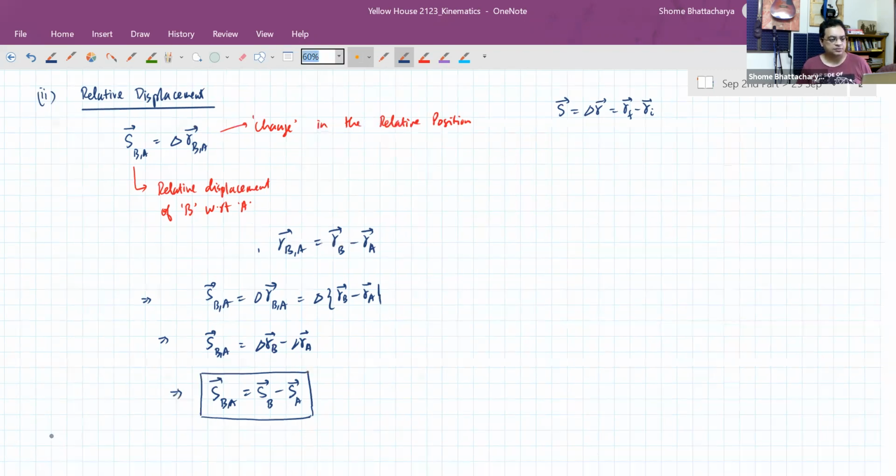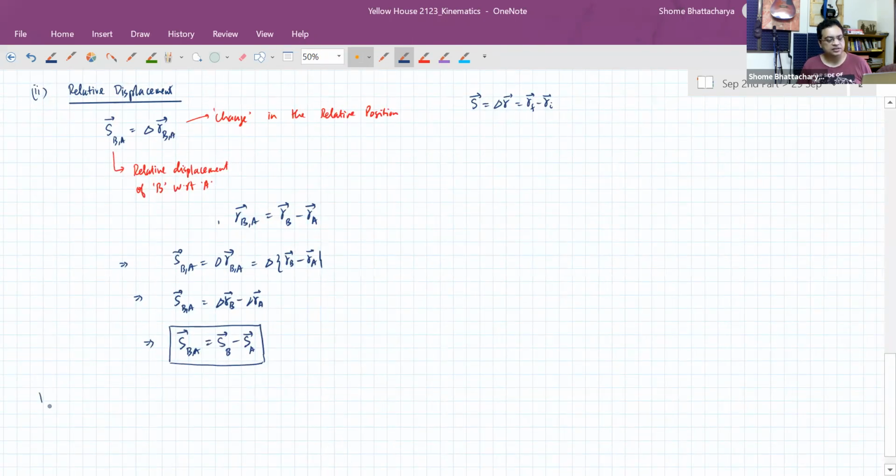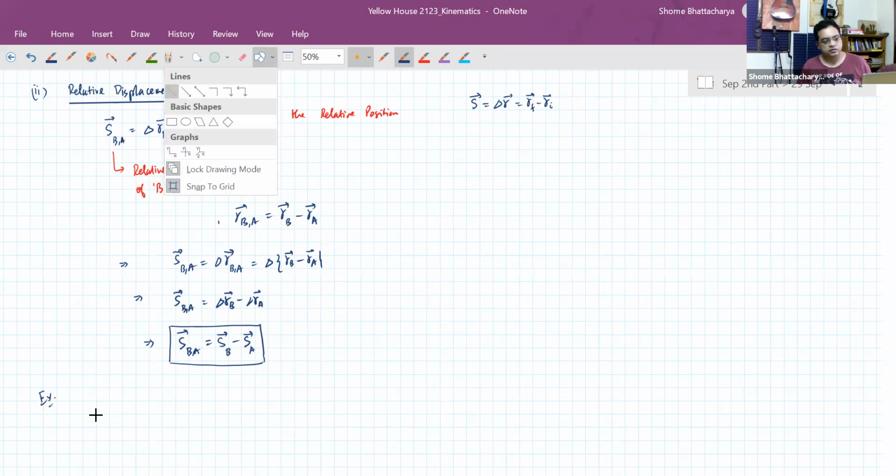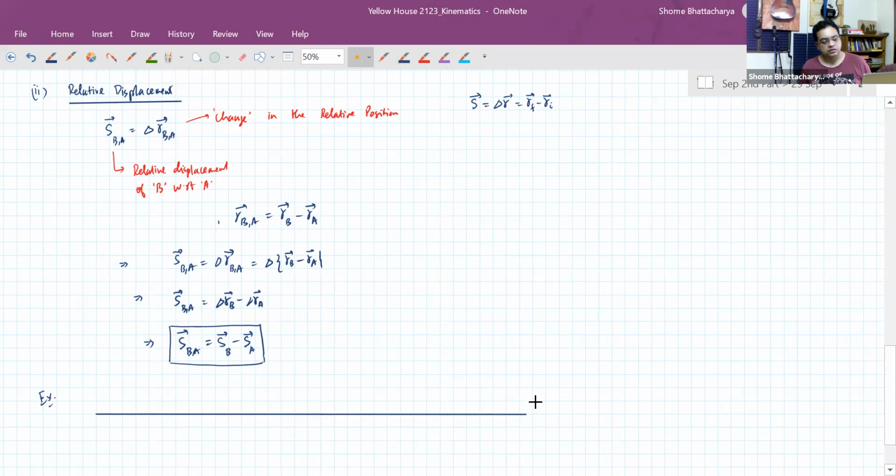So for example, say we have two objects, A and B, like this at time t equal to 0.